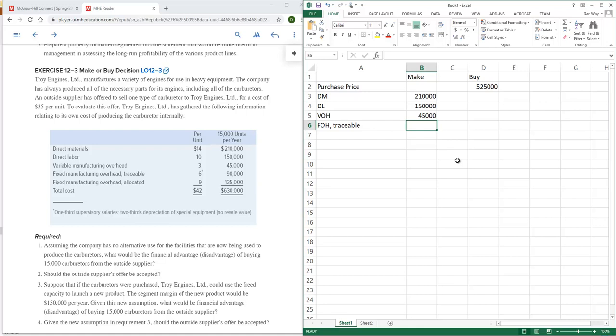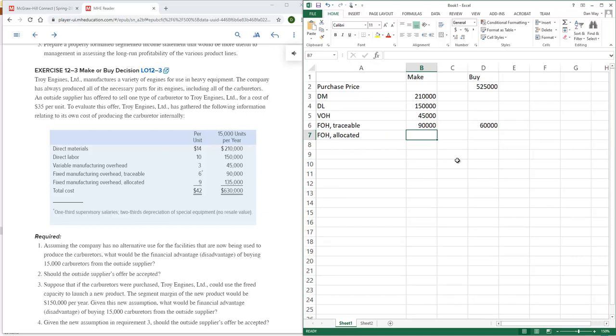And what we're saying here is if we make this, it is the full 90,000. If we buy it though, the only portion that remains would be that depreciation of special equipment. So that's 2/3 of that $90,000, or $60,000 in total. Then we've got some fixed overhead that's allocated, and that we would presume would stay no matter what.